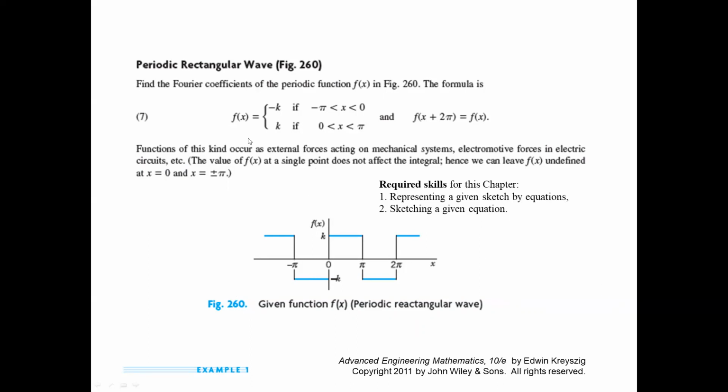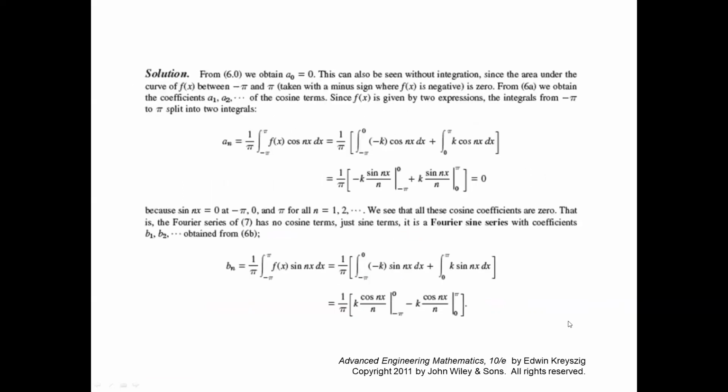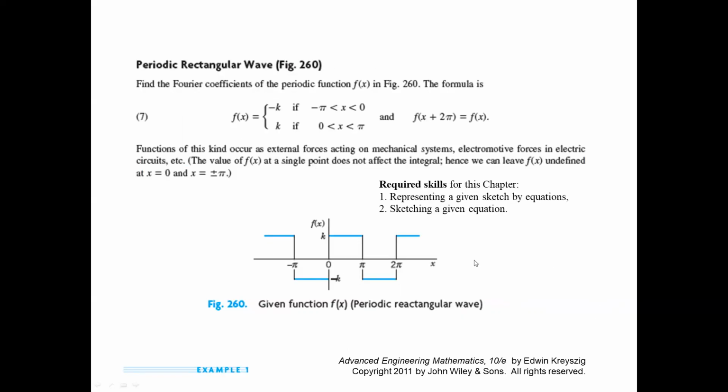If we want to represent this piecewise continuous function by Fourier series, we need to get these three groups of Fourier coefficients. We can already tell A naught is 0. The reason is, integrating f from minus pi to 0, we get a negative area.